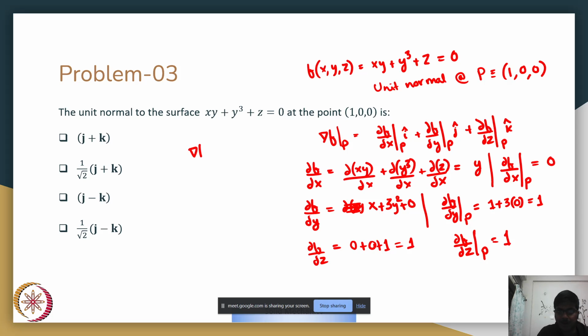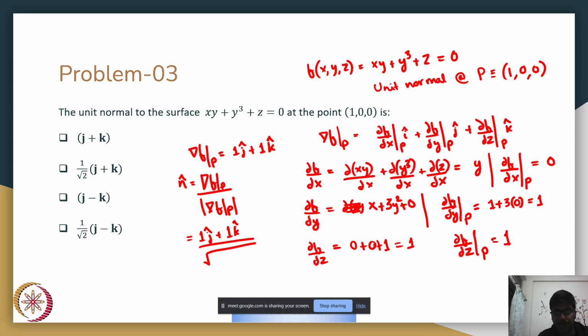And therefore the gradient of f at point P would be given as 1 j hat plus 1 k hat. Now if you want the unit normal, we'll simply divide the gradient vector by its magnitude. So you have 1 j hat plus 1 k hat.